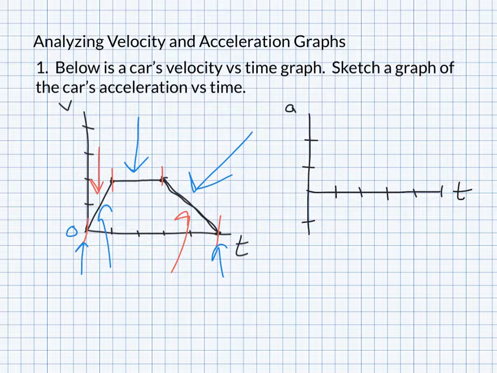So we said that our first interval had a positive acceleration. And if you look at it, I'll mark this one in green. If you look at that first line again, that slope does not change. That is a constant acceleration. So when I draw on this graph, I need to make that first interval a constant acceleration.